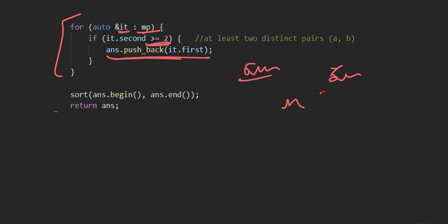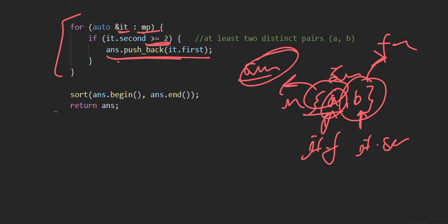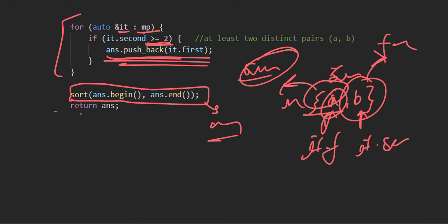See, in a map the numbers are stored as pairs, so it is iterator dot first and iterator dot second. Here the second value is the frequency count and the first value is the sum value. After storing all the sum values that have frequency count greater than or equal to 2, we sort our answer array to make it ascending, and then we return the answer.